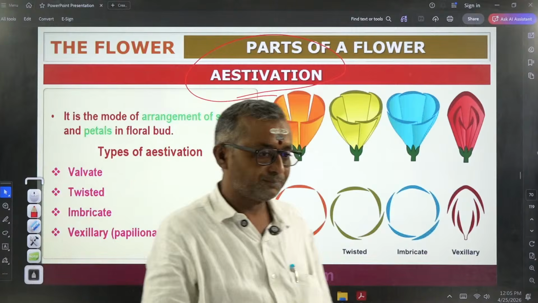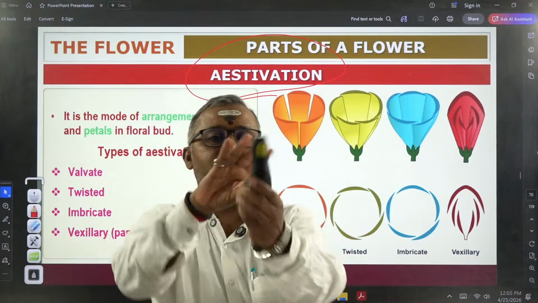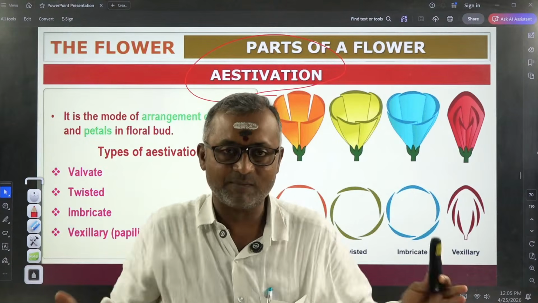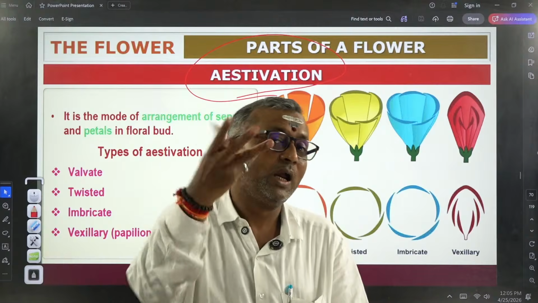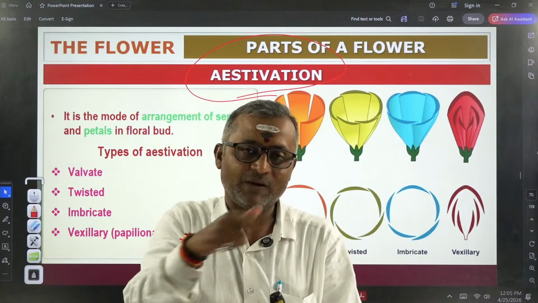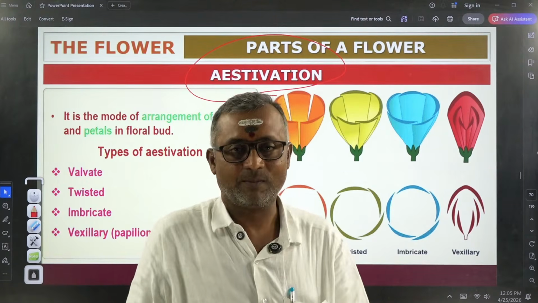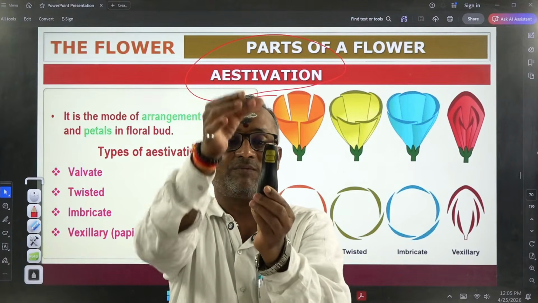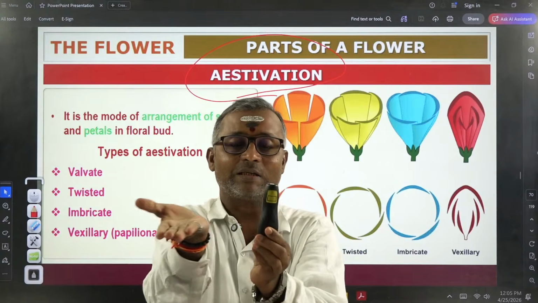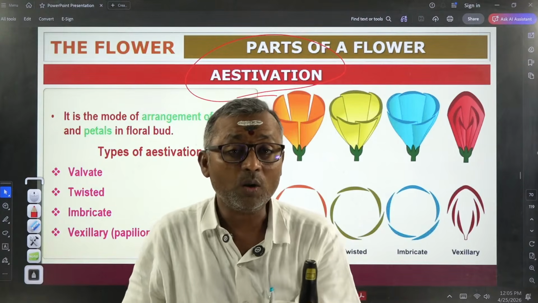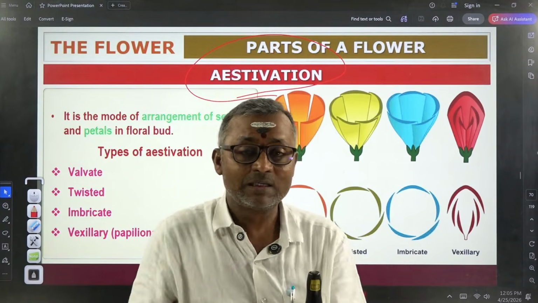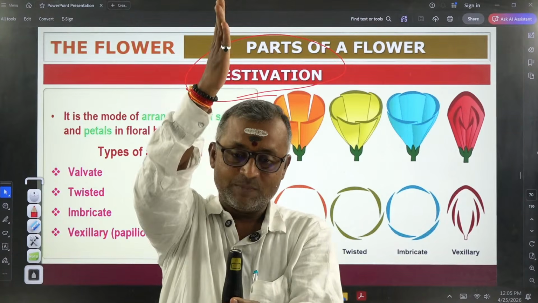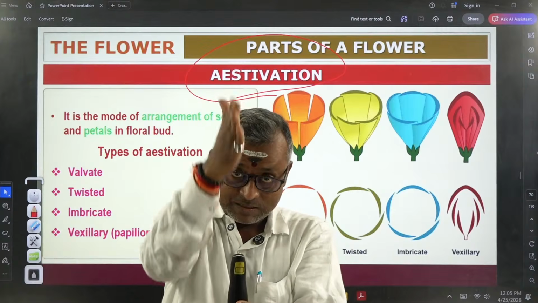So, for example, think that this is a flower. The flower will have a specific arrangement of sepals and petals. How can you observe the mode of arrangement of sepals or petals in a flower? When you take a transverse section of the flower. And if you want to see its symmetry, whether the flower is actinomorphic or zygomorphic or asymmetric, you have to take a vertical section.